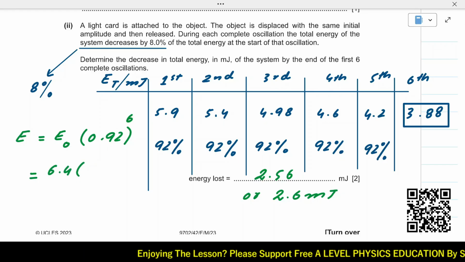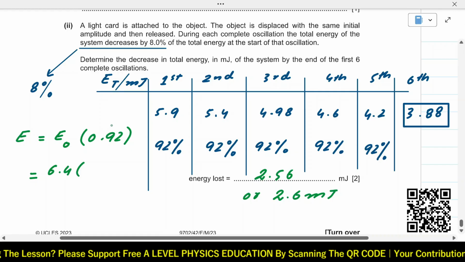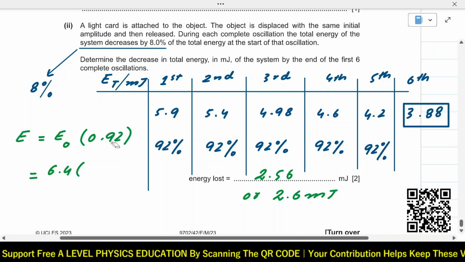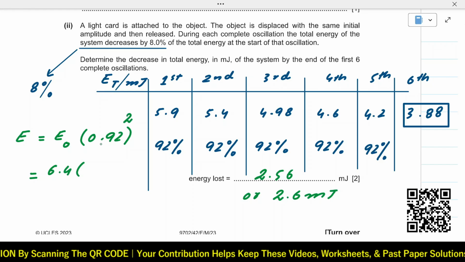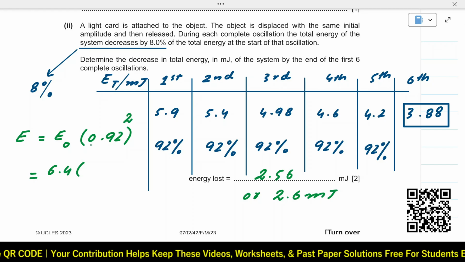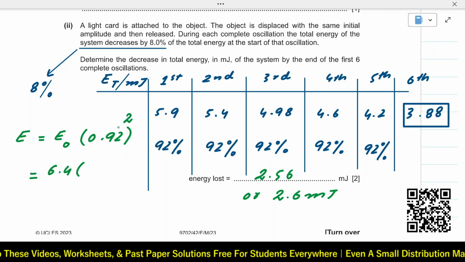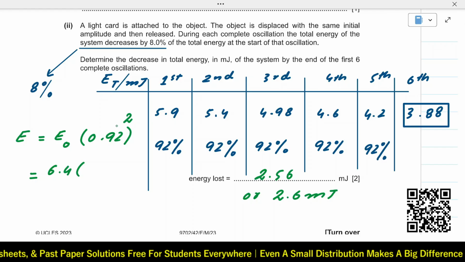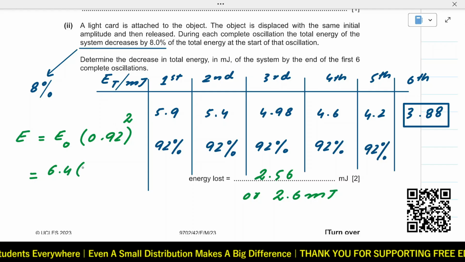So think about it this way. After the first oscillation, 92% would be left. After the second oscillation, the remaining energy would be 0.92 raised to the power 2. After the third one, the remaining energy would be 0.92 raised to the power 3.